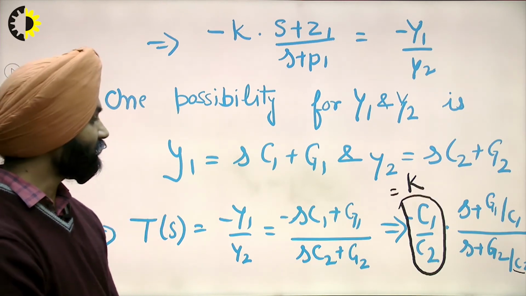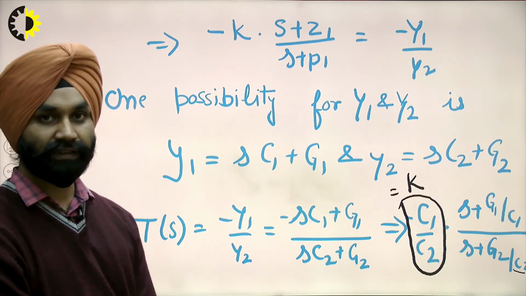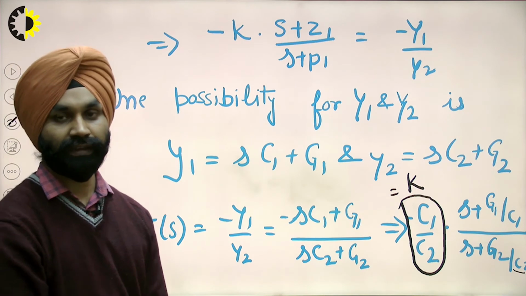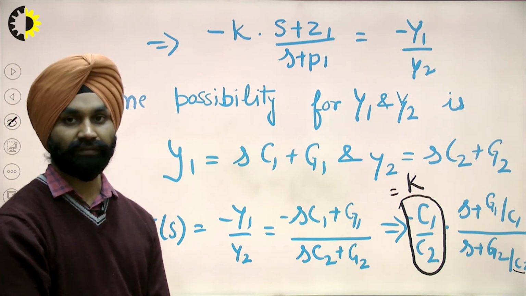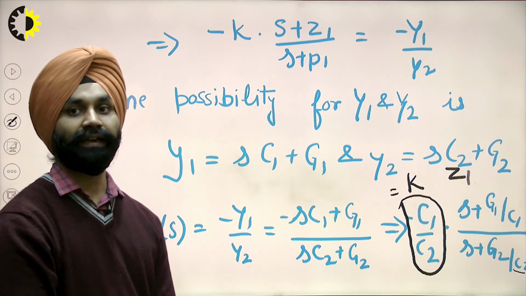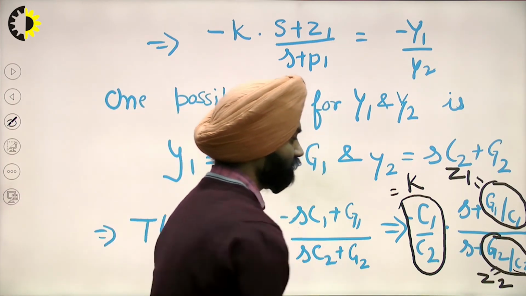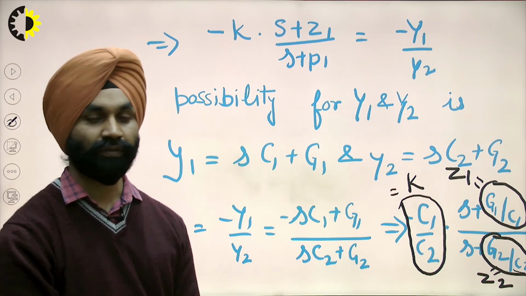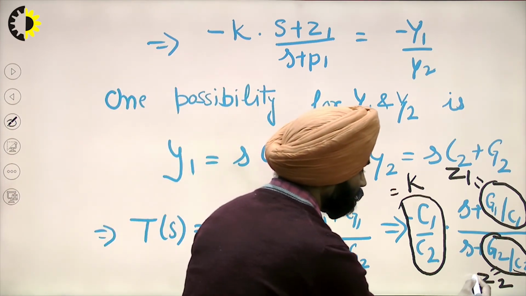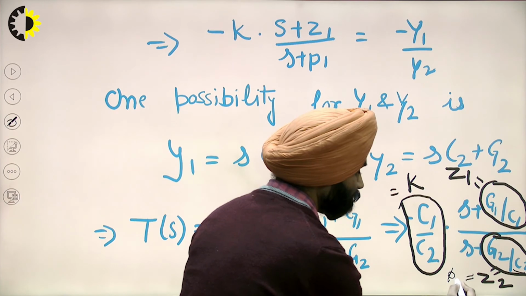So this one is K, as in our discussion of the general form of the transfer function. This is K and this is Z1, this term is the zeros. We can say that this is the poles, so it will be P1.